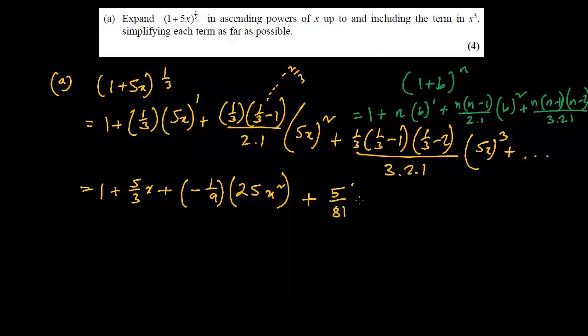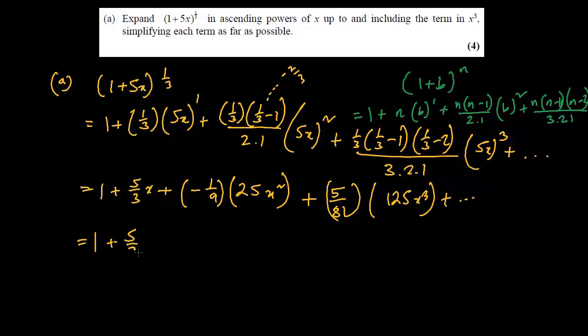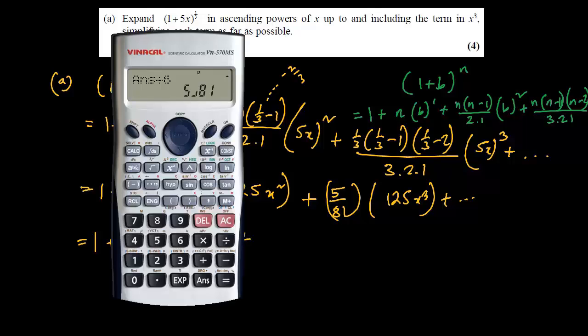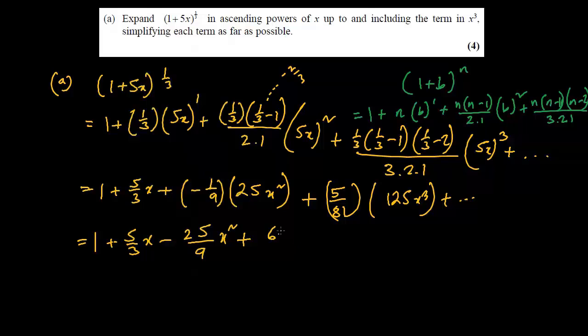So 5 by 81, and 5 cubed is 125, so this is x cubed plus dot dot dot. So 1 plus 5 by 3x minus 25 by 9 x squared plus, now 5 into 125 is going to be 625. So this is going to be 625 divided by 81 x cubed.